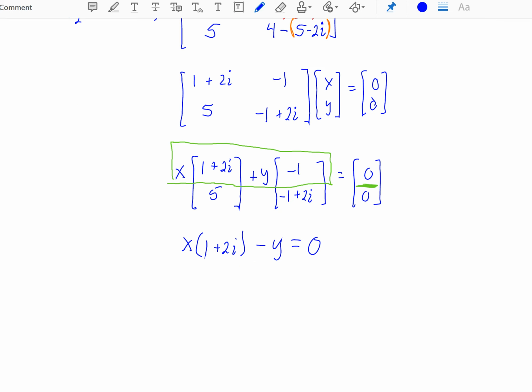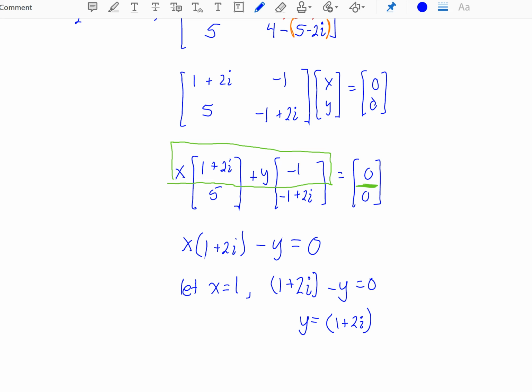And I'll do this by choosing to let x equal 1. If x equals 1, then this gives us the equation 1 minus 2i, or no, 1 plus 2i, minus y equals 0, or that y is equal to 1 plus 2i.